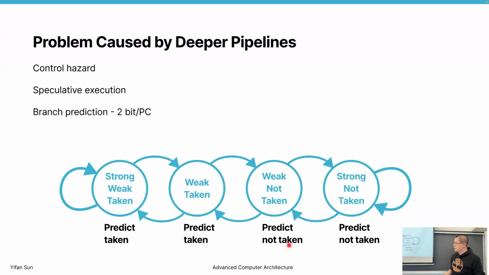So it takes 2 taken outcomes for us to know, oh, the pattern changes. In that case, we start to go with the taken pattern. So it's more resilient to noise and less likely to ping-pong back and forth between these executions. And this is the classical way and is very productive.